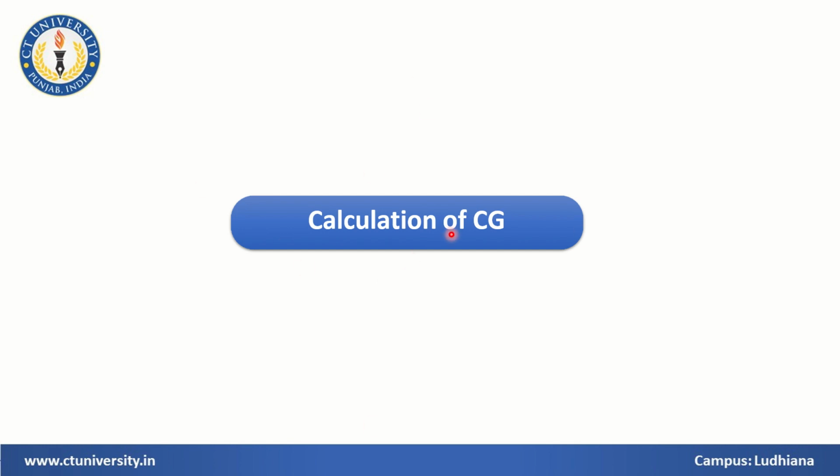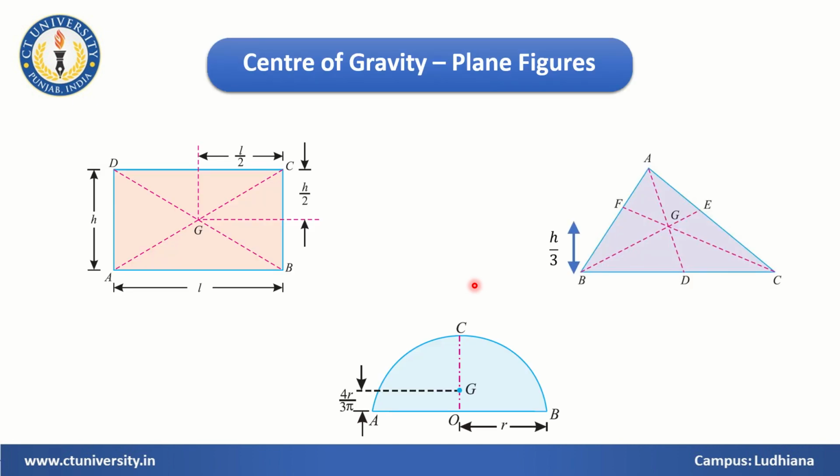Now we are more concerned about the calculation part: how to find the location of CG, how to locate CG from different directions, different locations. In the upcoming slides, in a few minutes, we will see how to find the CG of simple figures and some engineering shapes. Before starting, we will see some plane figures or simple shapes like rectangle, triangle and semicircle.